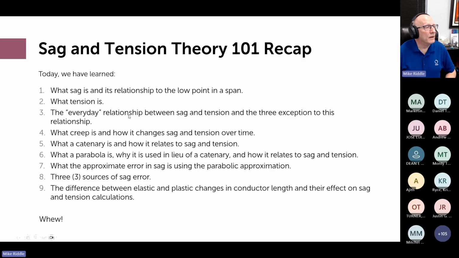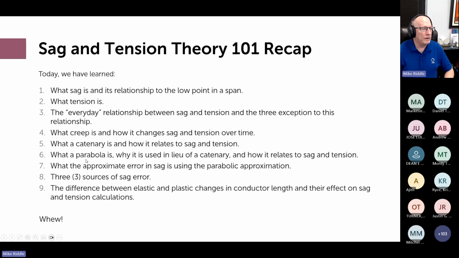Obviously I didn't. So to recap today, what we've done is we looked at sag and its relationship to the low point in a span. We've looked at what tension is. We've seen the everyday relationship between sag and tension and the three exceptions to it. We've reviewed creep and how it changes sag and tension. We've looked at a catenary and how it relates to sag and tension.